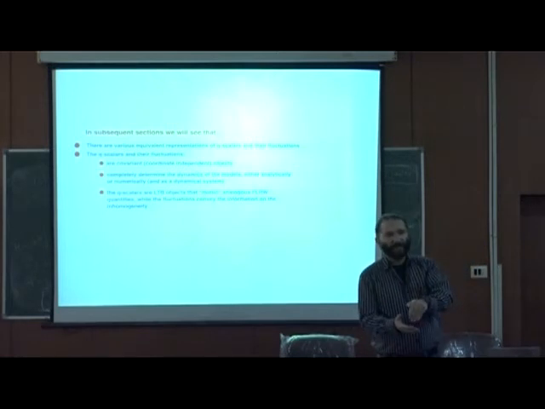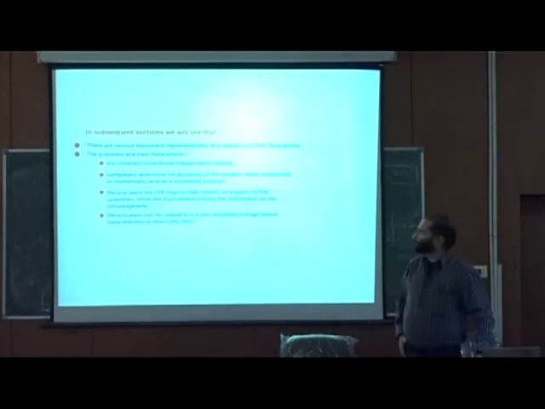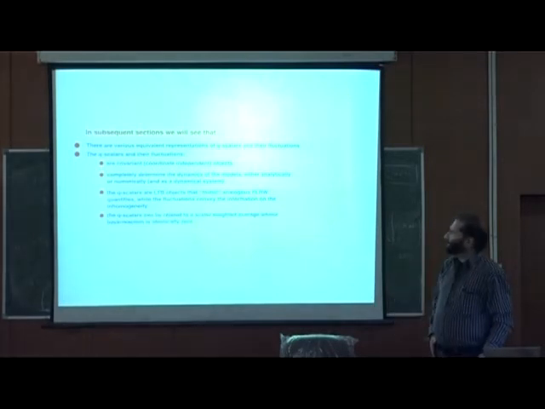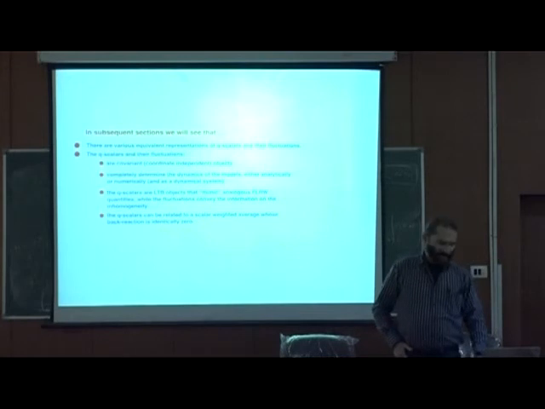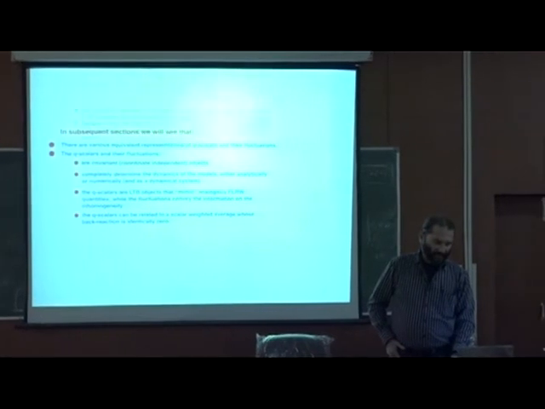If we go to the linear limit of the evolution equations, we reproduce the cosmological perturbations in the comoving gauge. See? And the Q scalars can be related to scalar weighted averages, whose back reaction is identically 0. That's another interesting thing that will come out in the next lectures.